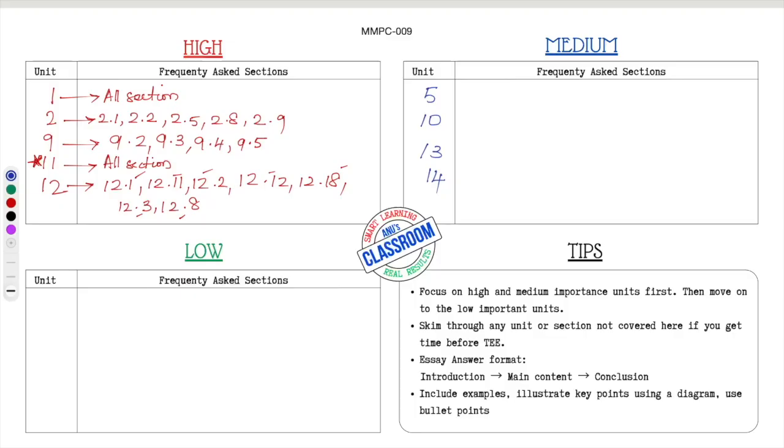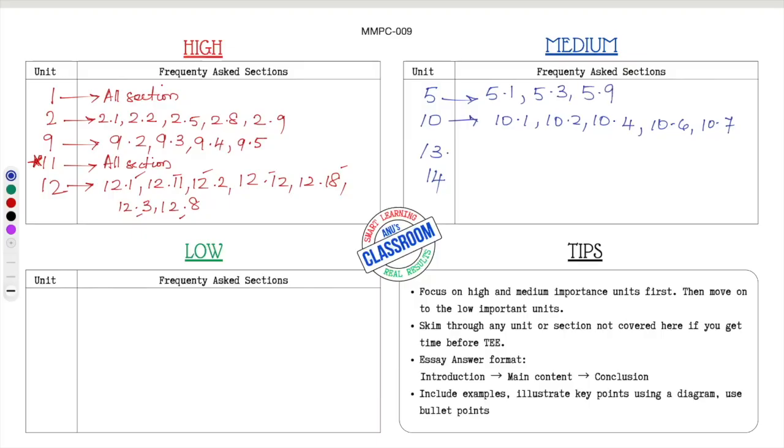From unit 10 you can focus on 10.1, 10.2, 10.4, 10.6 and 10.7. Unit 5 is planning and control for mass production. This is from block number 2. At least focus on 5.1, 5.3 and 5.9, if not all sections.